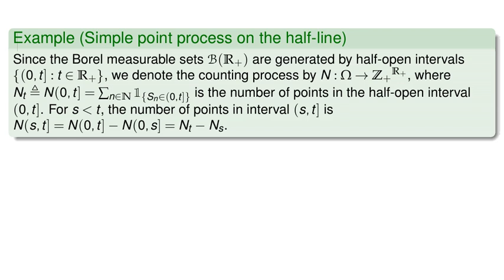This N_t counts the number of points in (0, t]. For any s less than t, the number of points in (s, t] is given by N of (s, t], which equals N of (0, t] minus N of (0, s], or simply N_t minus N_s.